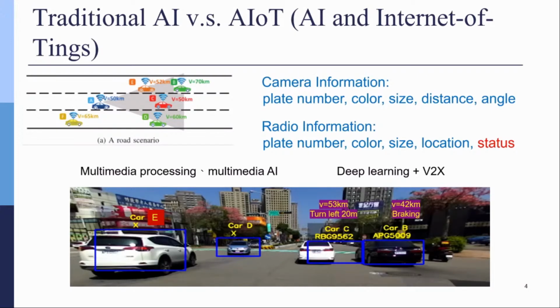Through multimedia AI, vehicle A can identify vehicles in front of it and get their information, such as plate number, color, size, distance, and angle. By fusing all this camera and radio information, we want to provide a more complete information to assist drivers' driving safety.